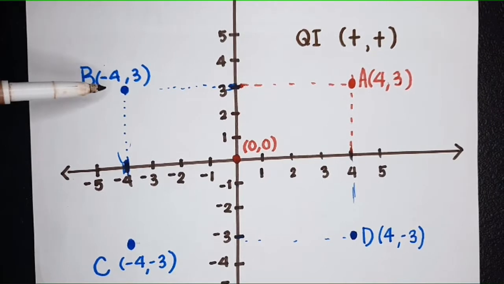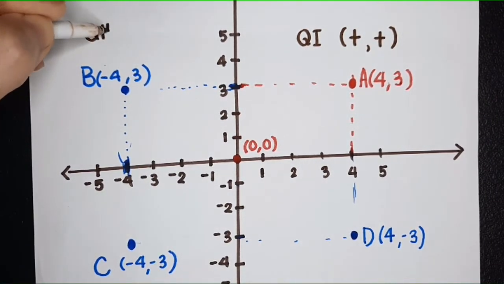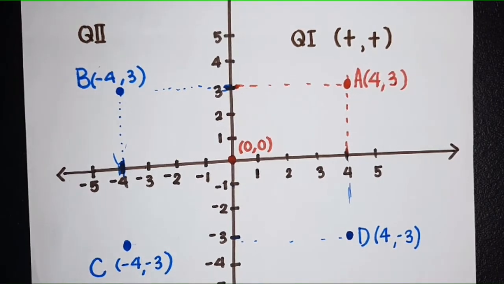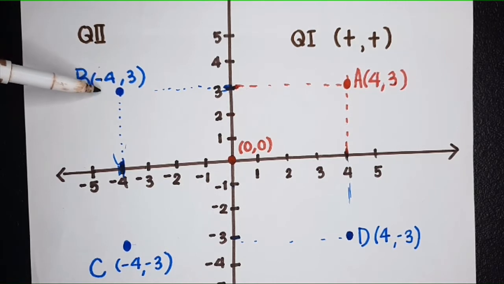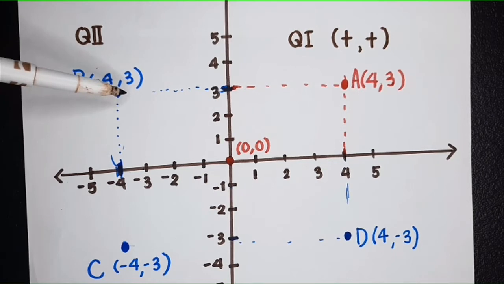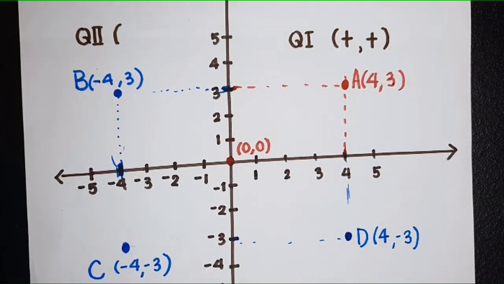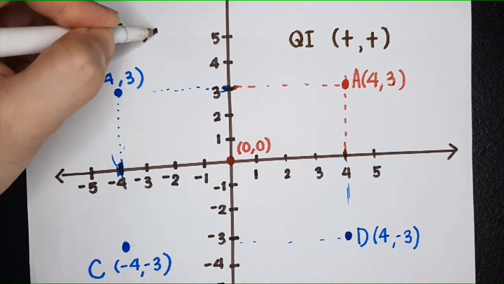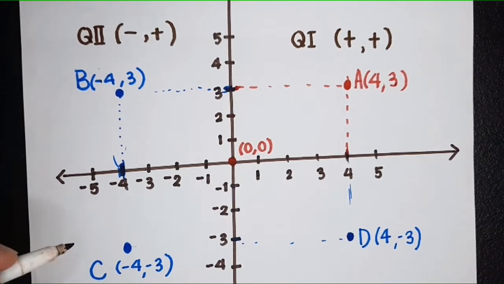Tapos, tingnan naman ninyo ang second quadrant. Ito yung second quadrant natin. What can you say about the coordinates? The x-coordinate is negative and the y-coordinate is positive. So, totoo yan. Lahat ng points na makikita nyo sa second quadrant, negative ang x, positive ang y. What about here?